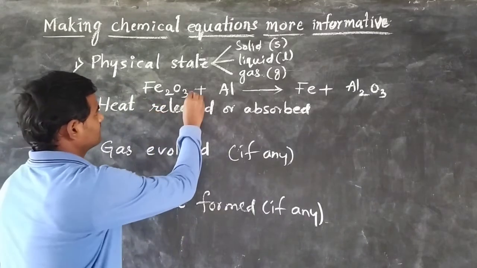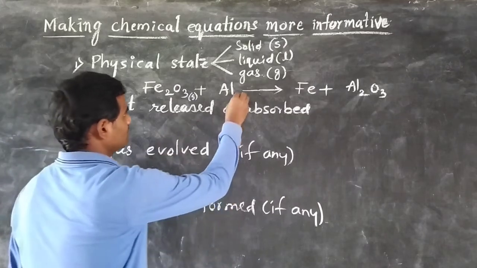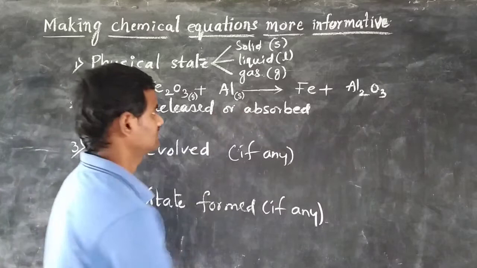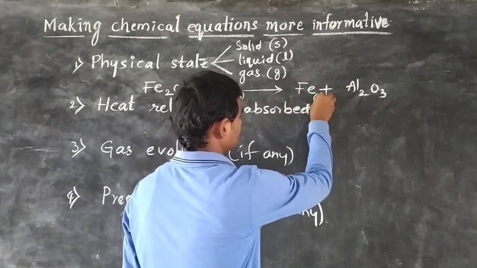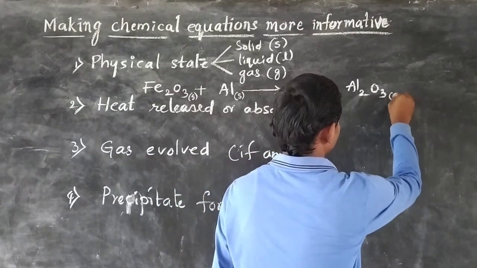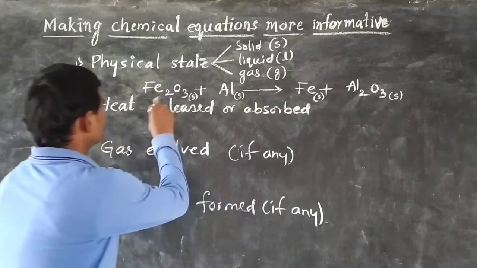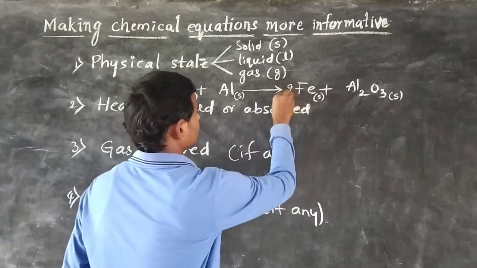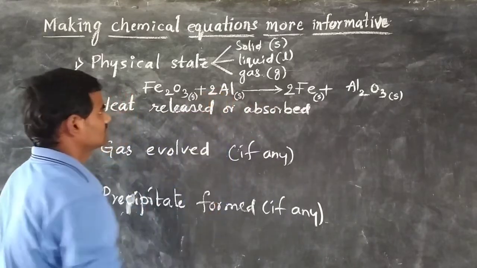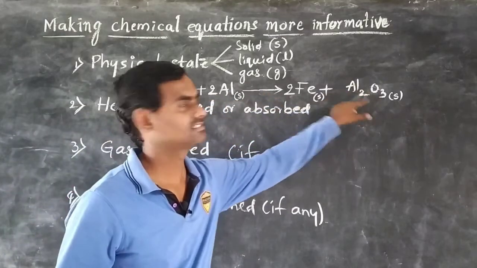Iron oxide is a solid, so we represent it with S. Aluminium is also solid, so we represent it with S. Iron is also solid, so S. Aluminium trioxide is also solid, so S. To balance this chemical equation, we place 2 here and 2 here, so that the equation is balanced and we have represented it with its physical state.